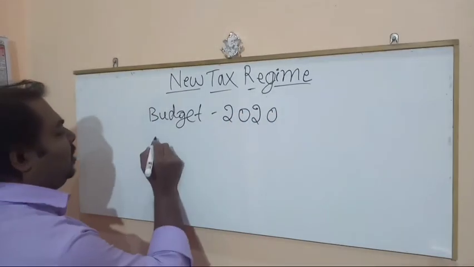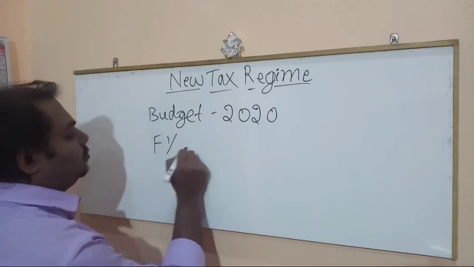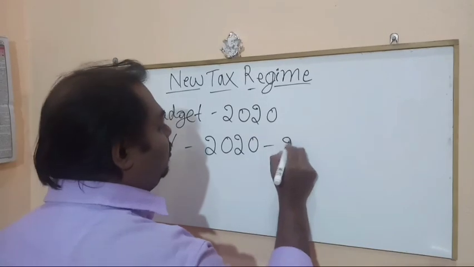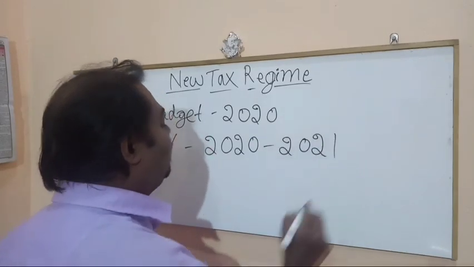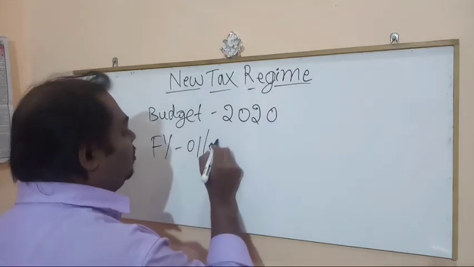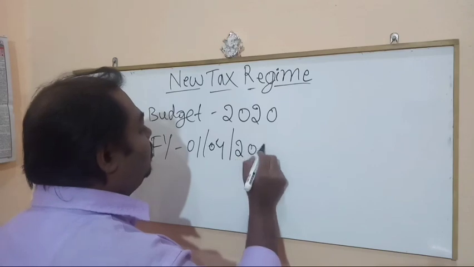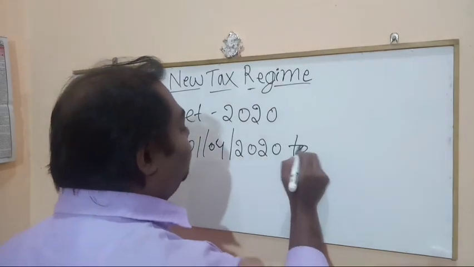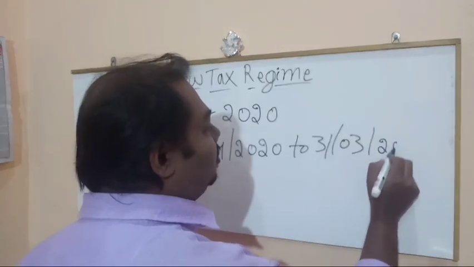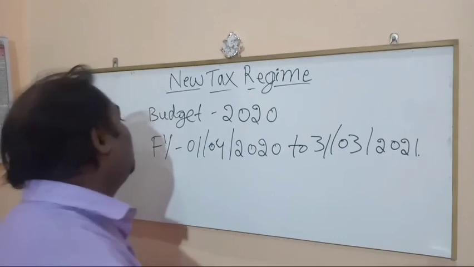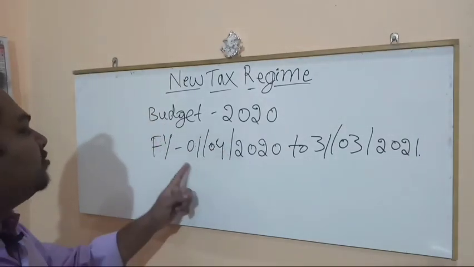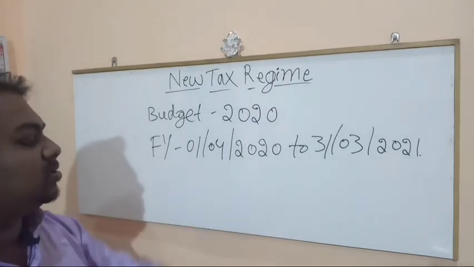It means the applicable financial year was 2020 to 2021, meaning 1st April 2020 to 31st March 2021. So, the new tax regime was introduced in budget 2020. The applicable period is from 1st April 2020 to 31st March 2021.